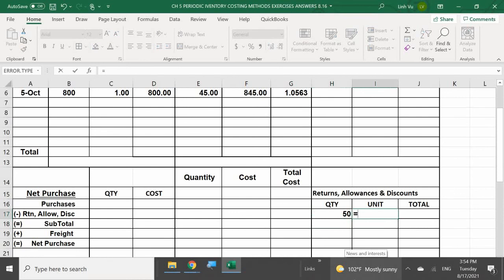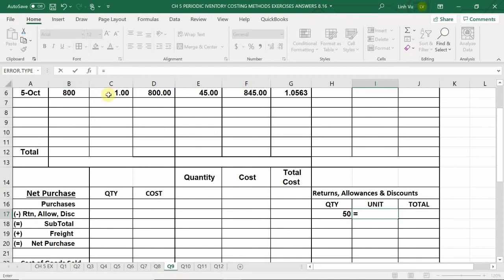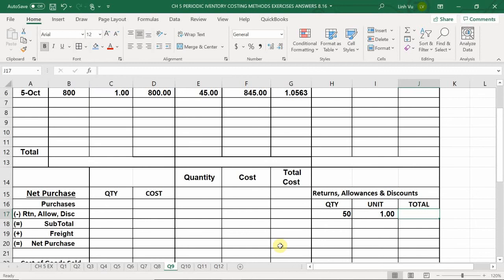At what unit price did I purchase these items? $1. So in this case, my returns are going to be $50.